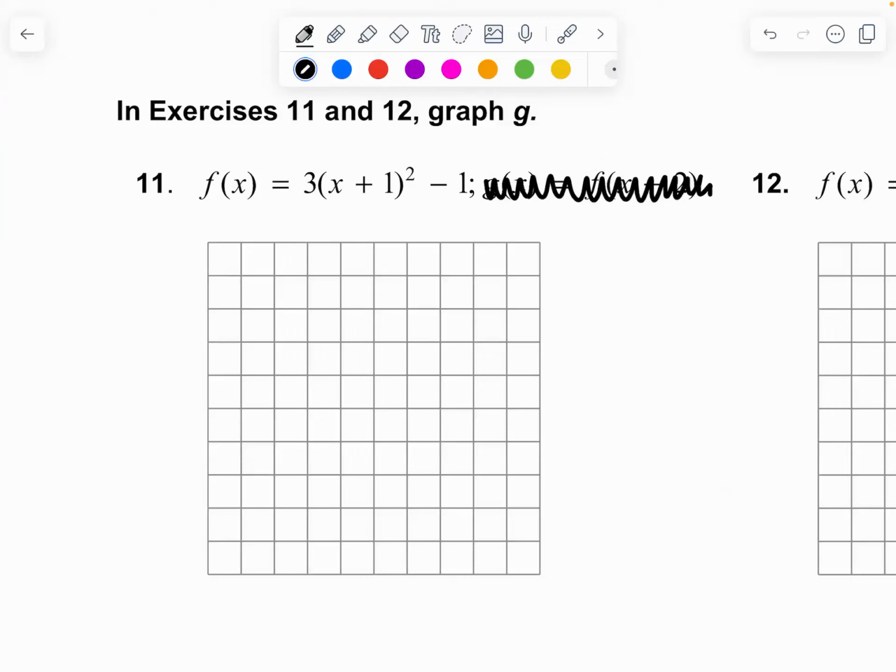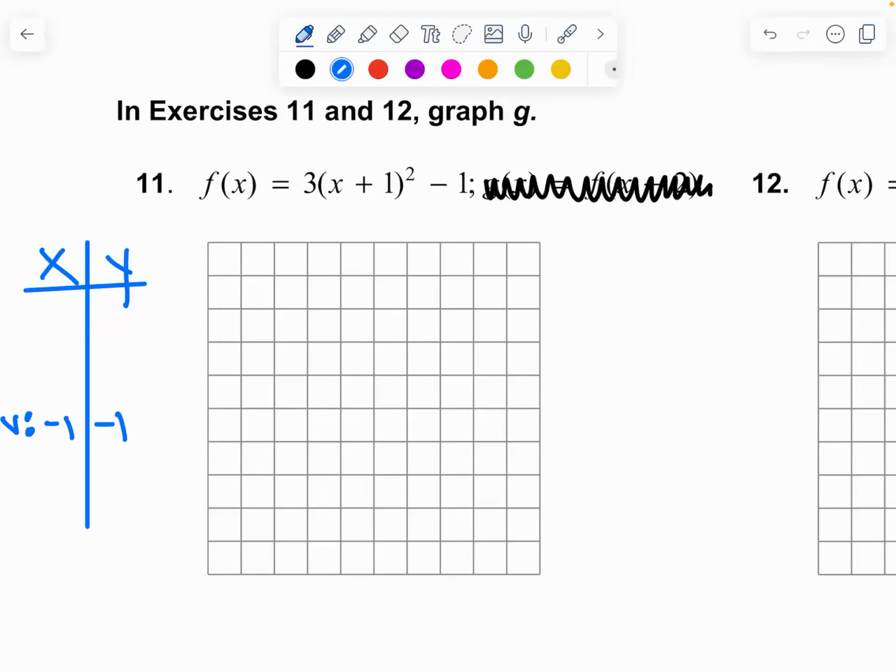Okay. So I'm going to make an XY chart. And what coordinate do we like in the middle of our chart? No. -1. We want our vertex in the middle, people. -1.